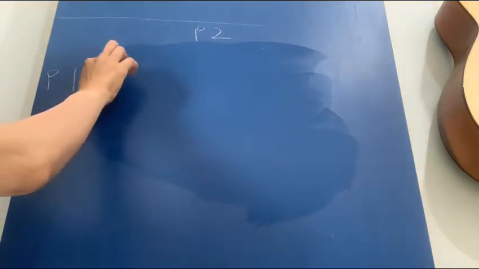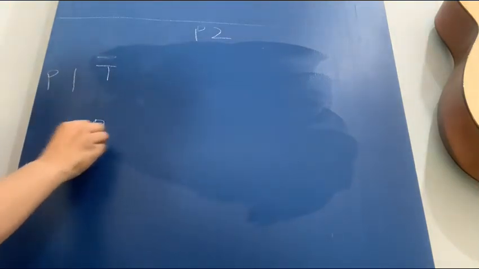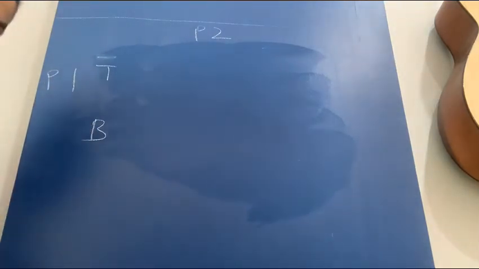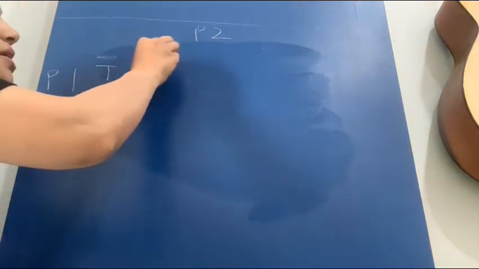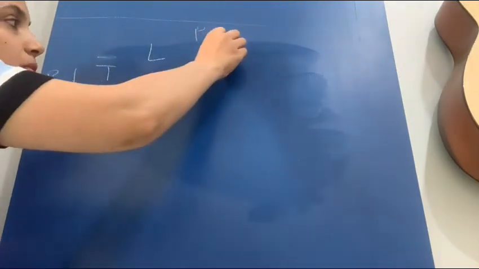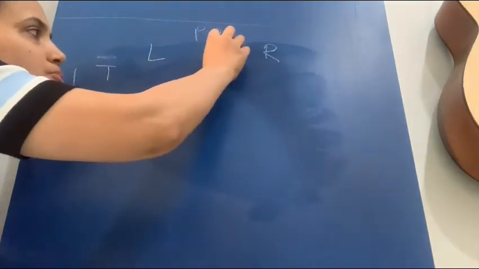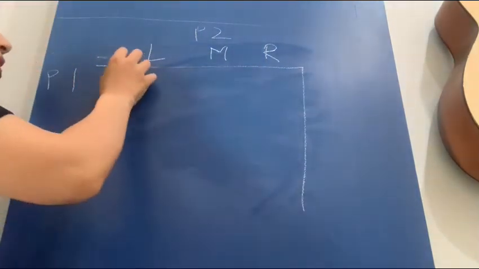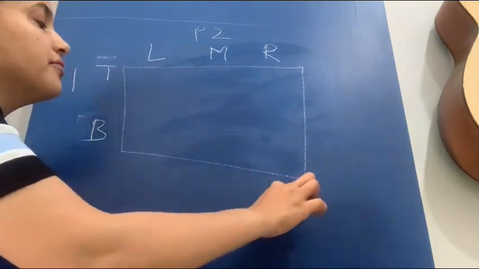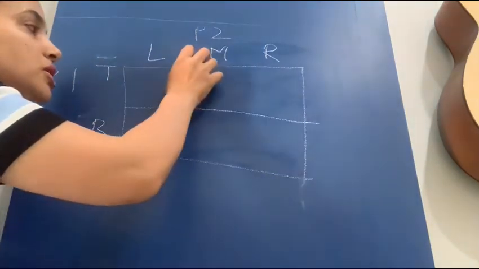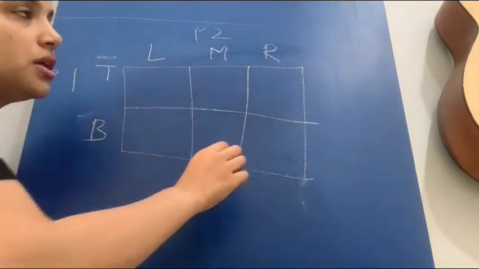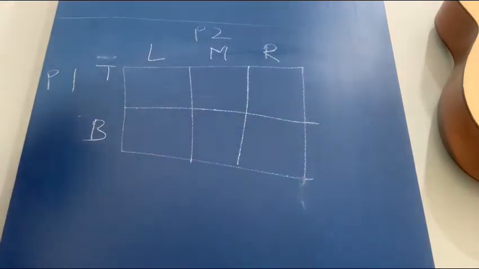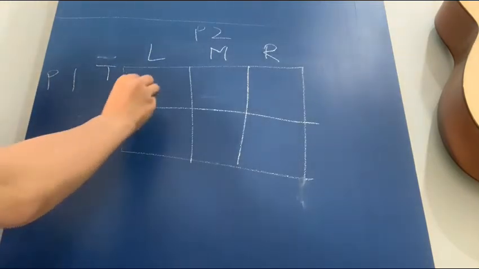Player 1 has 2 actions, say T and B. No particular theory or story behind this particular game. Player 2 has 3 actions, L, M and R. They're just simple alphabets denoting their actions. And let's write the payoffs now. This matrix will have 2 rows and 3 columns. So far we've done symmetric games, where both the players had the same set of actions, but that is not a necessity. So let's say the payoffs are something like this.